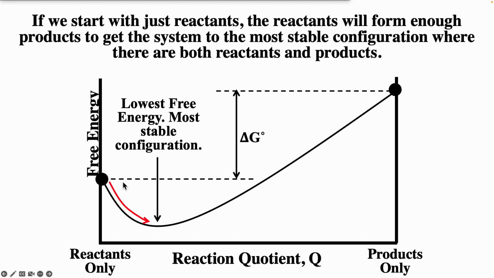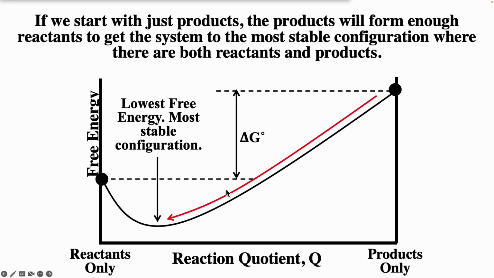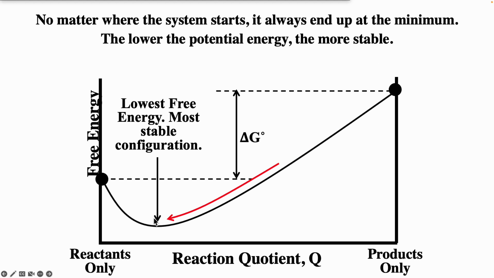And so if we start with just reactants, the reaction will proceed until we get to here. If we start with just products, reaction proceeds until we get to here. No matter where we start on this surface, we always end up at the most stable configuration, the lowest energy.